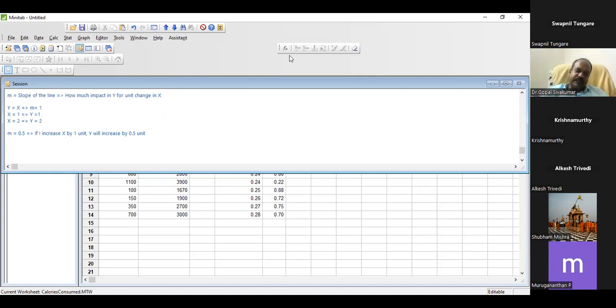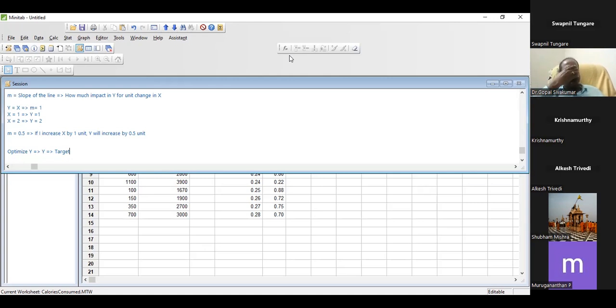Ultimately, what is your project? Your project is you want to optimize y, right? Yes, sir. That means you want your y to reach a target value. How will y reach the target value? By changing the x, isn't it? If I change x by 1 unit, what happens to my y? y moves by 0.5 unit.